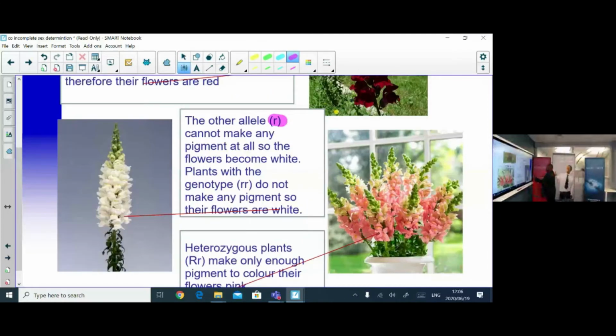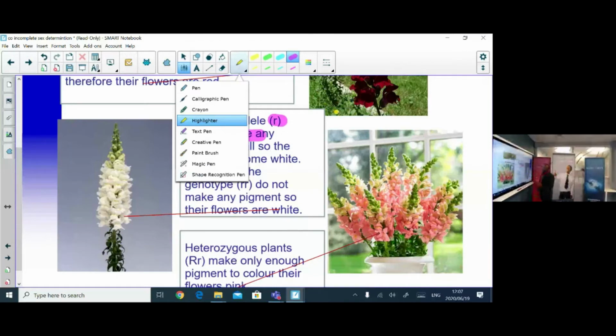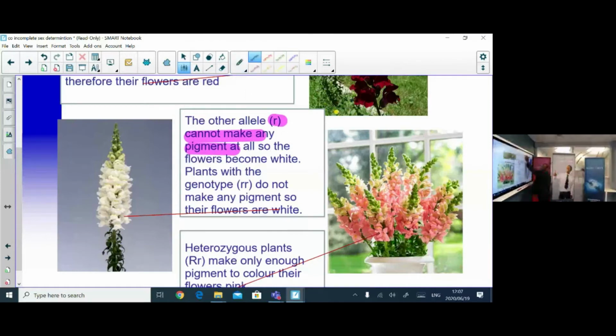The other allele, the small r, cannot make any pigment, so the flowers appear white. Plants with rr do not make any pigment, so they appear white. Good, so that's one extreme, red and white.